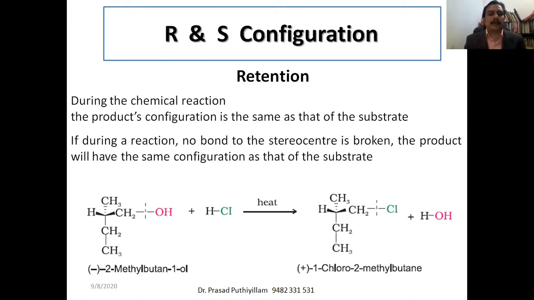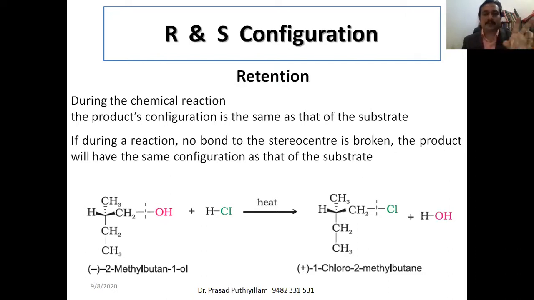So example, 2-methyl butan-1-ol. Ol means an alcohol group is there. That is having a negative sign here, which refers to the plane polarized light, not the RS configuration. It rotates the plane polarized light towards the left side direction, not the molecule as such.